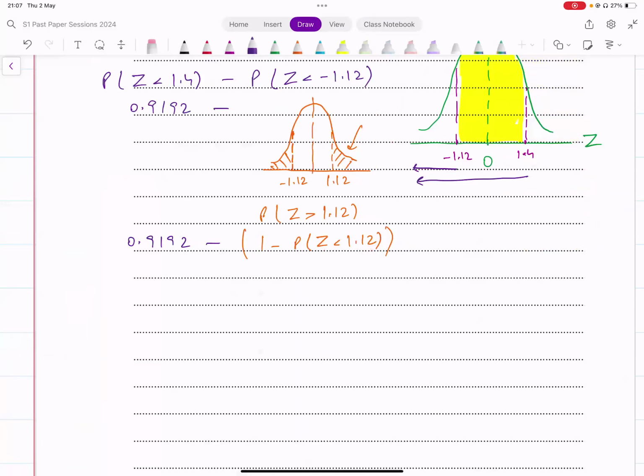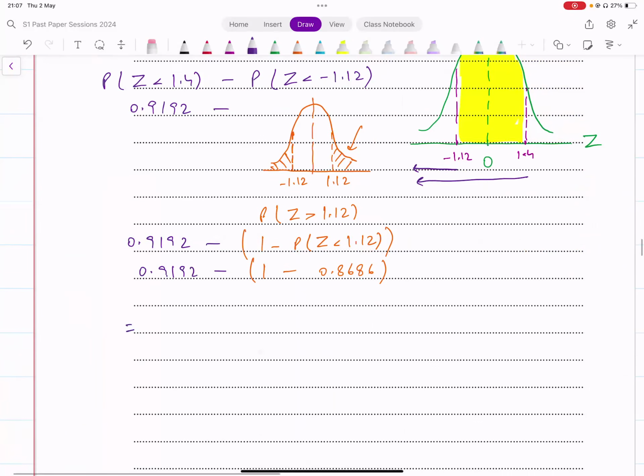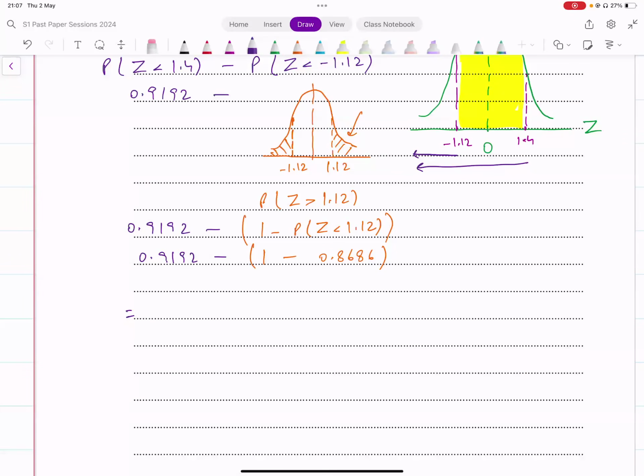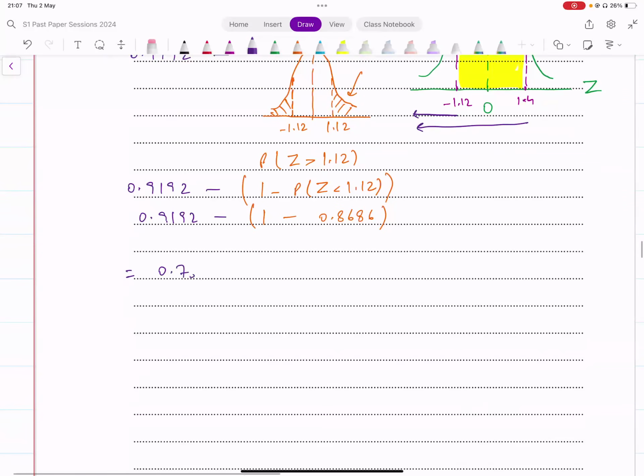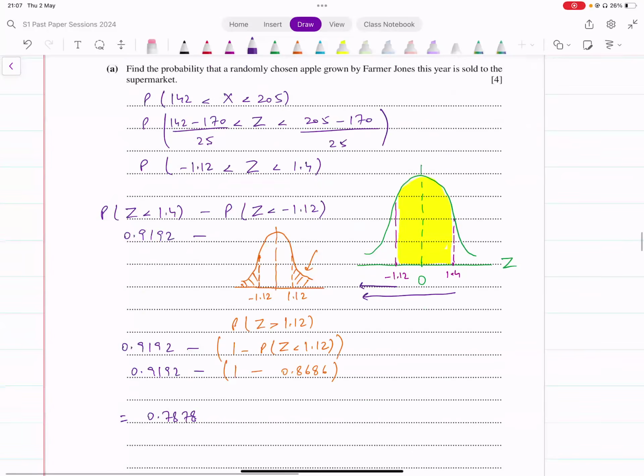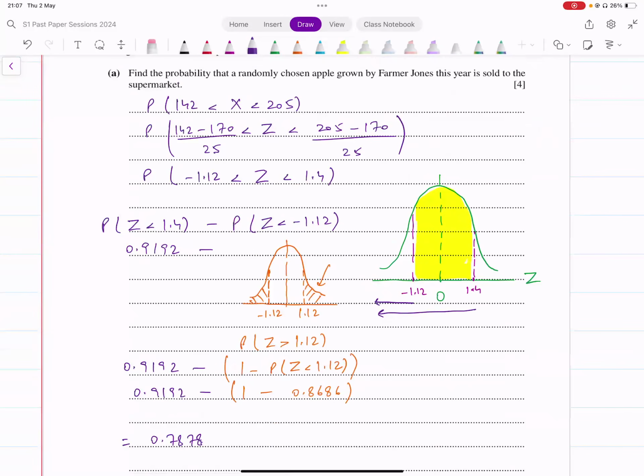Let's write that here. 0.8686, 1 minus this. And now we just simplify this whole thing. 0.9192 minus this whole thing. That is going to give us this probability that we're looking for. 0.9192 minus 1 plus 0.8686, and that's giving me 0.7878. That's the probability that a randomly chosen apple is sold to the supermarket in this case.